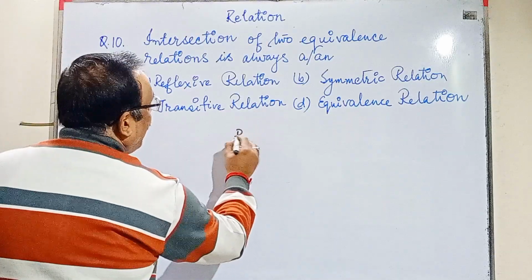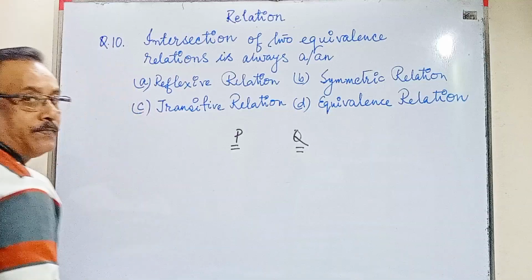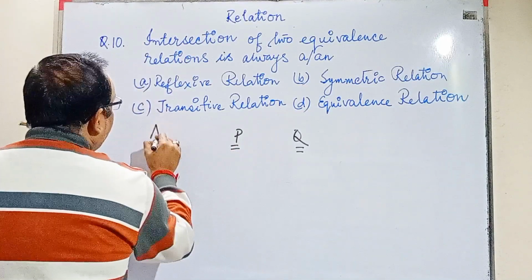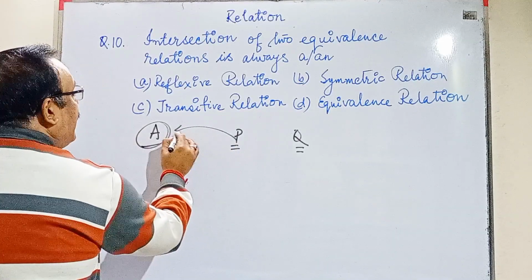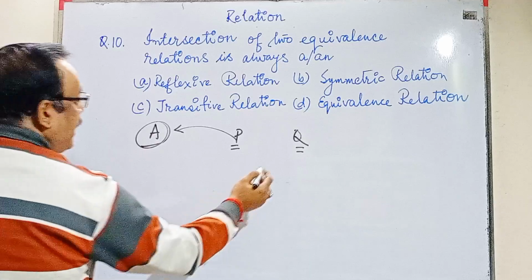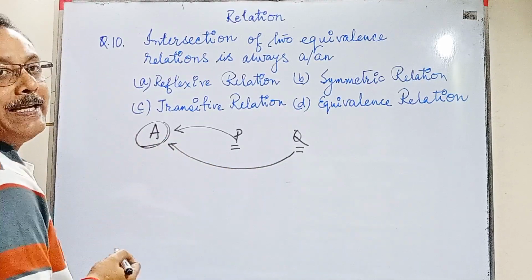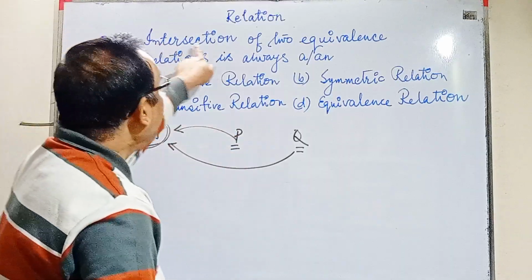Consider P and Q, two relations, and A is any set. P is an equivalence relation on set A, and Q is also an equivalence relation on set A. Both of them are equivalence relations on set A.